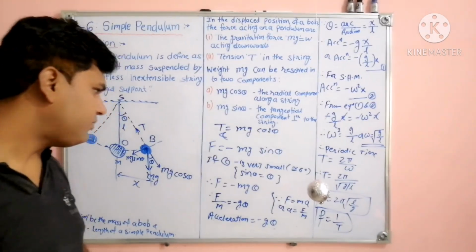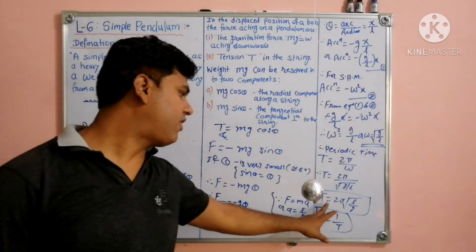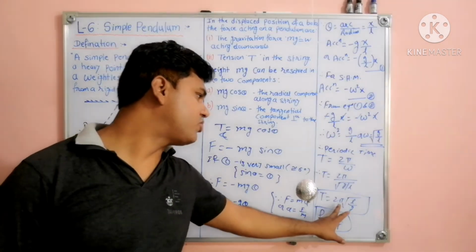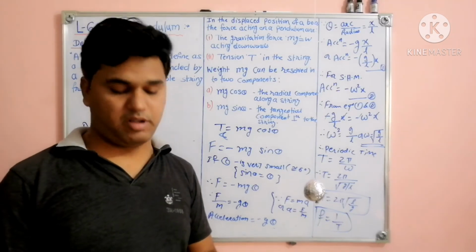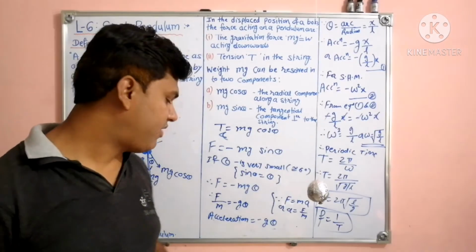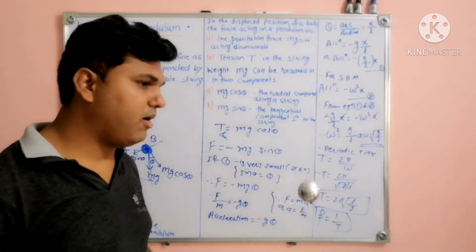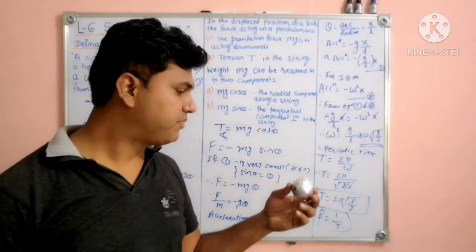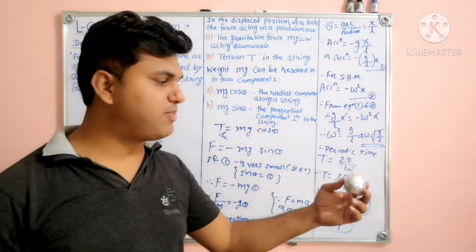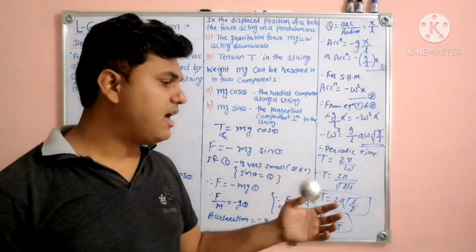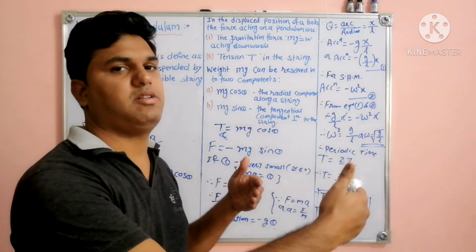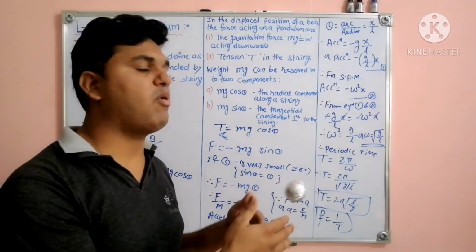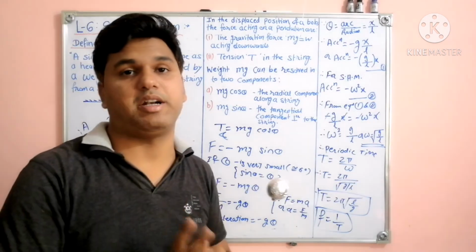So this is the theoretical formula for finding the time period, T equals twice pi under root L by g. Now in your practical, you have to find the time period of this simple pendulum. How do you find it? We displace this bob, release it, and measure the oscillations. Let us suppose it performs 20 oscillations in 1 minute.